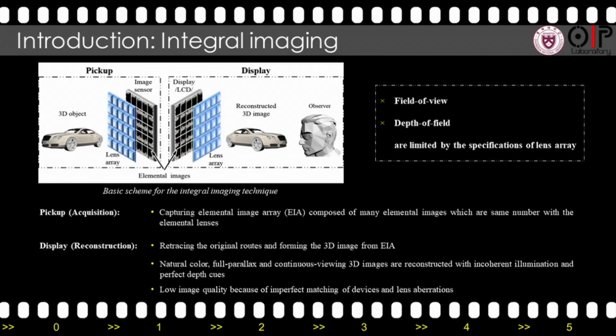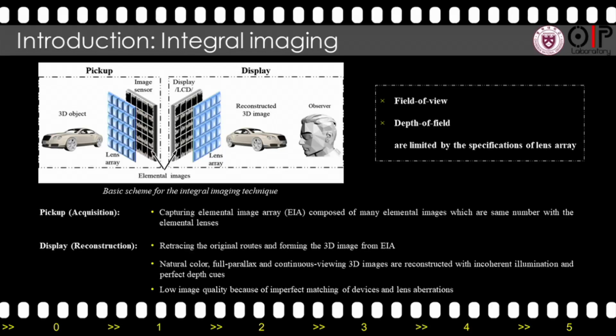The previous speaker has already explained the integral imaging display in detail, so I want to skip this detailed explanation. One very important thing is that when the elemental image array is captured through the lens array, it includes the three-dimensional information of the objects: parallax, depth, color, and texture information.